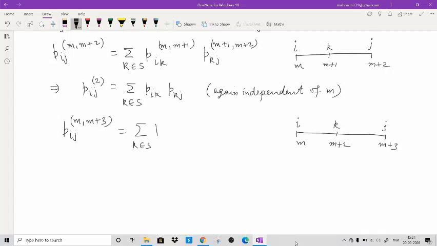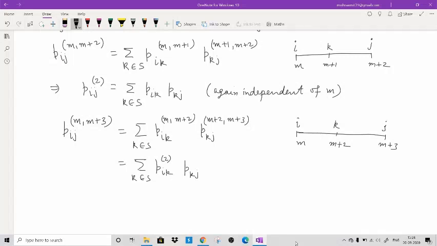Now you move from i to k from m to m+2, then you move from k to j from m+2 to m+3. You have seen that this two-step transition probability is also independent of m, and we have denoted it by P_ik^(2), and this is P_kj, the one-step transition probability.